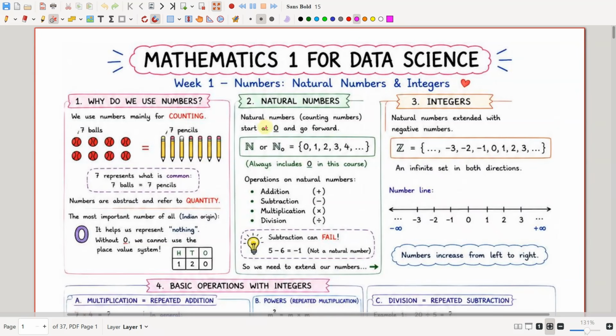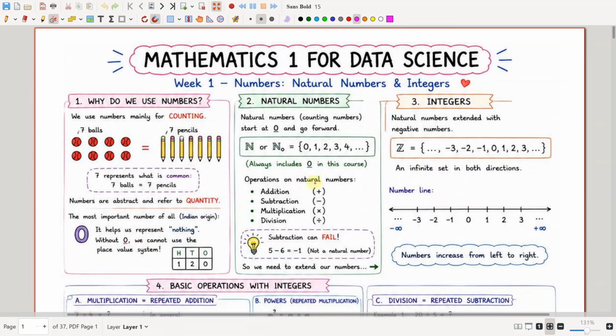Remember this, don't ever forget this while solving any questions. IIT considers 0 as a natural number. So the notation will be N or N naught, where it starts from 0, 1, 2, 3, 4, etc. Always include 0 in this course.